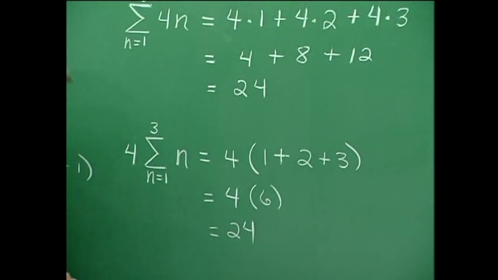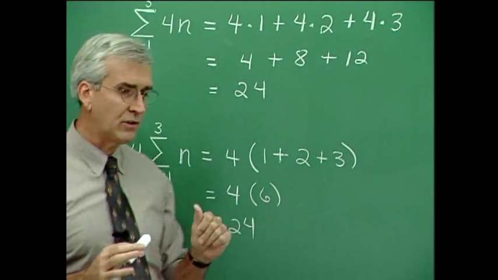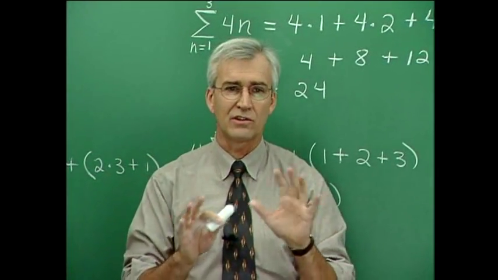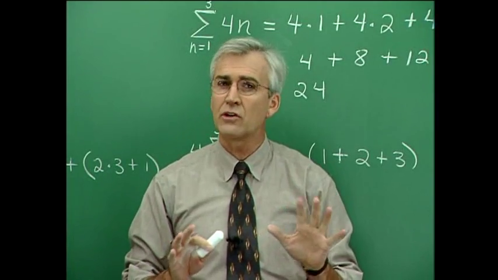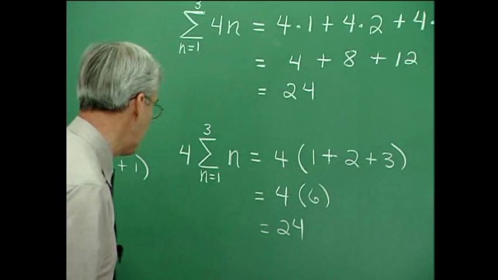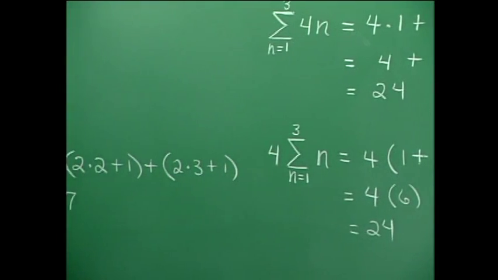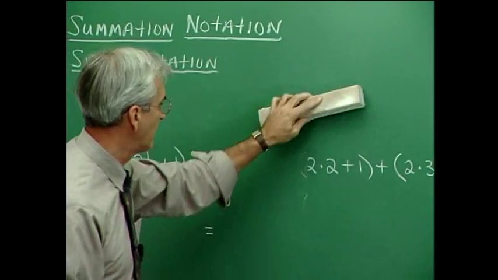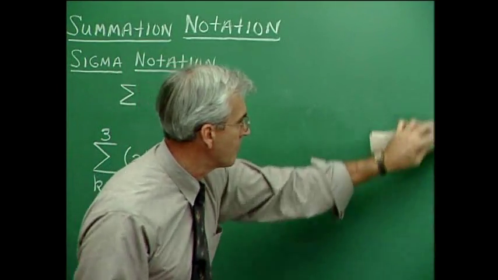Now another property has to do with the notion that summation notation, or this summation idea, is distributive in nature. Let me show you an example of that. Come back over here and let's look at this first problem. I could actually rewrite this like this.